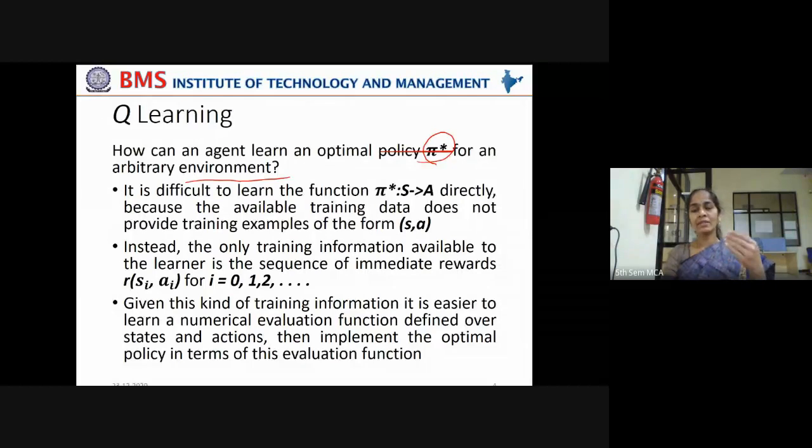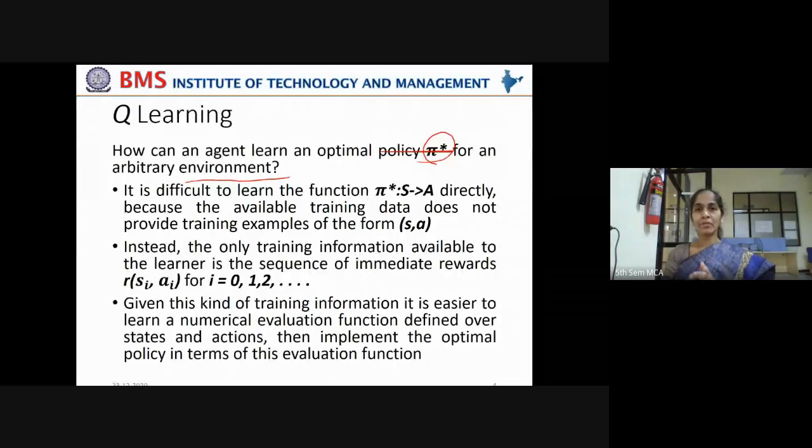Arbitrary environment means an agent behaves based only on the circumstances it faces, and those circumstances are not the same. Do you expect a robot to drive a car always on an empty road? No. The real-life situation is dynamic. It is arbitrary, right?